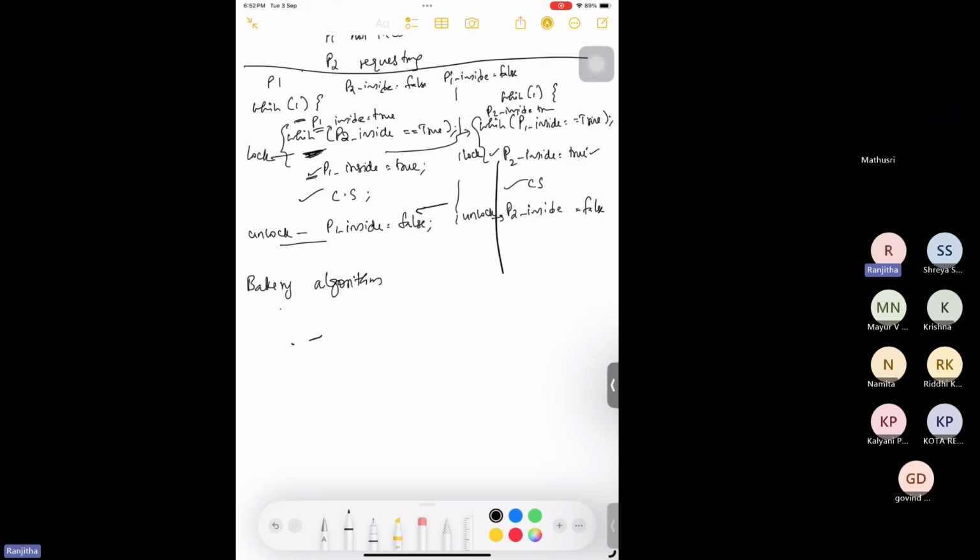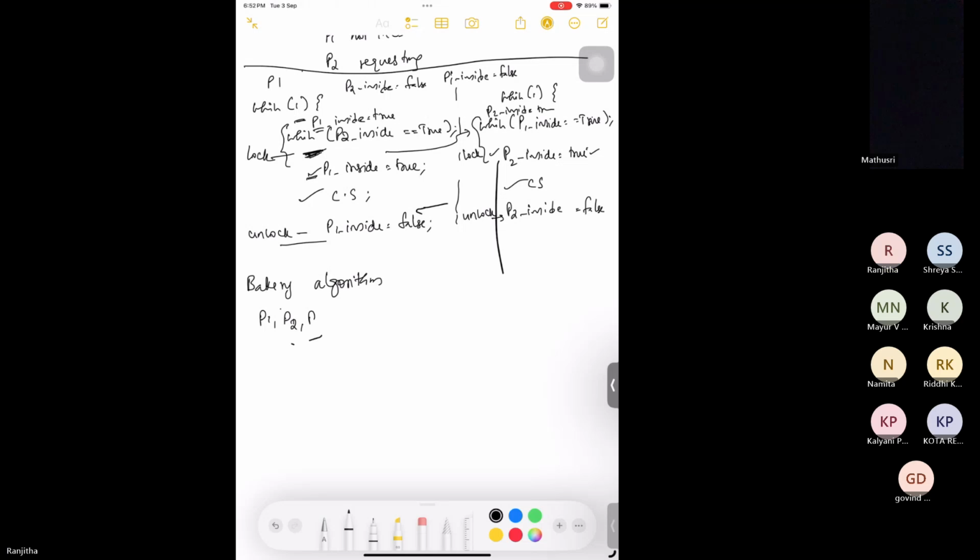So the essence of this algorithm is that when we have multiple processes like P1, P2, P3, up to Pn, we have to ensure that the processes enter the critical section one by one.